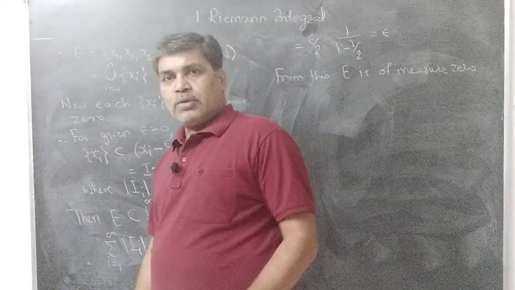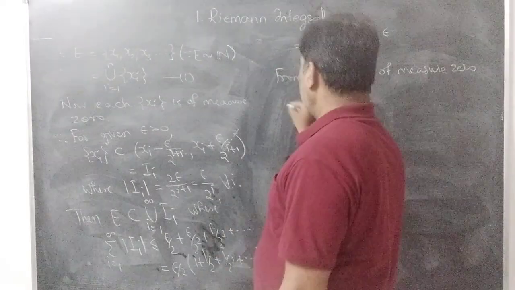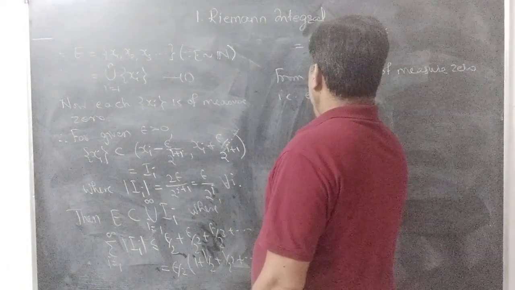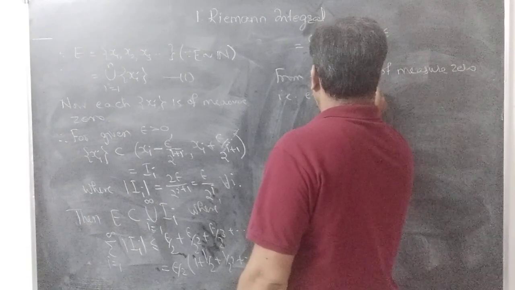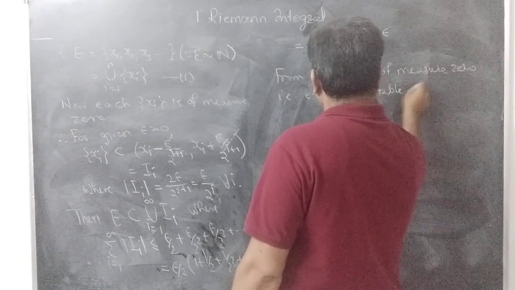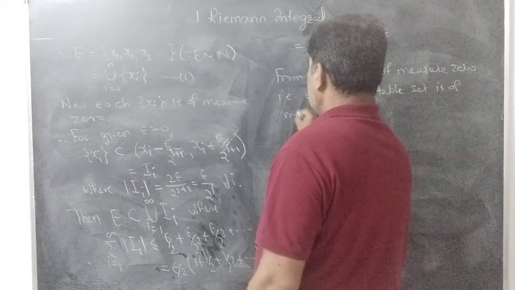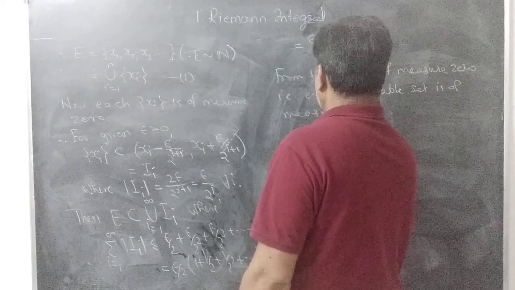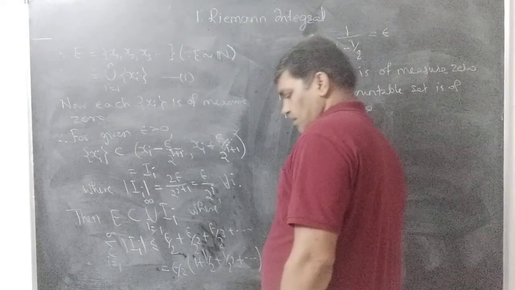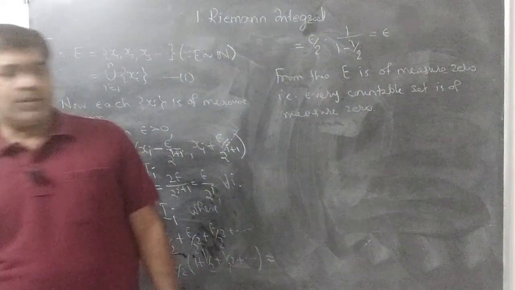That is, every countable set is of measure 0. Is it clear?